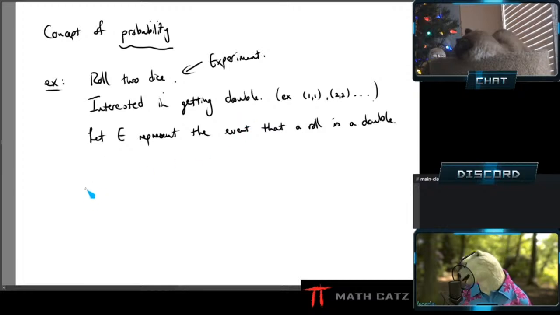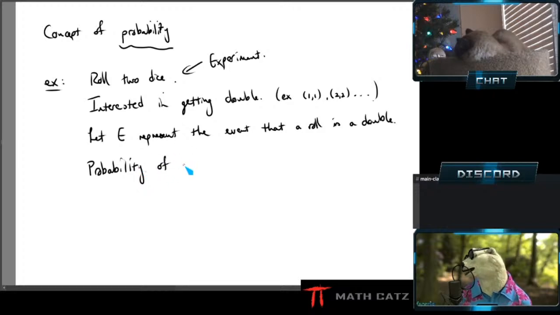Right. So when we talk about the probability, it technically has to be connected to some restriction, some event, some desirable result or collection of results.